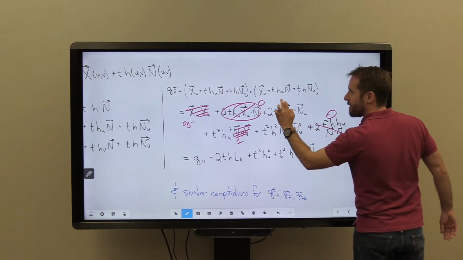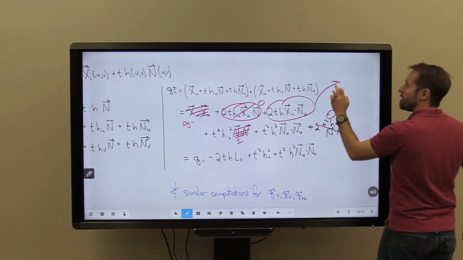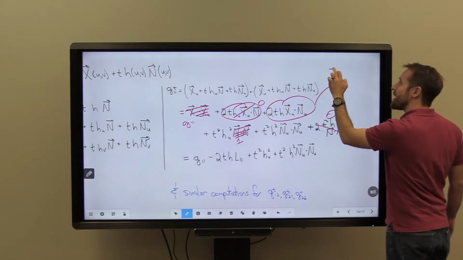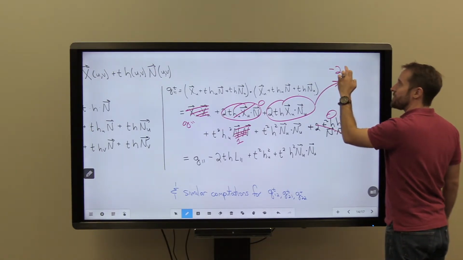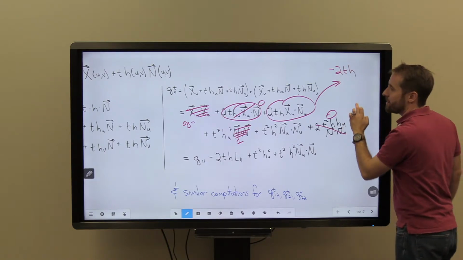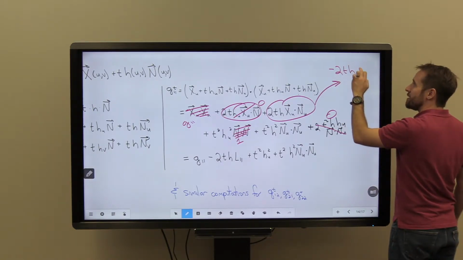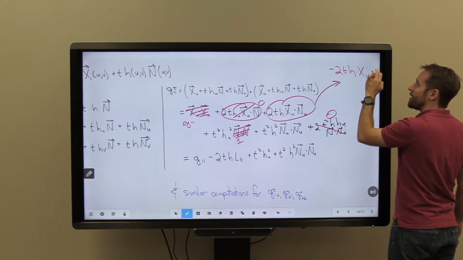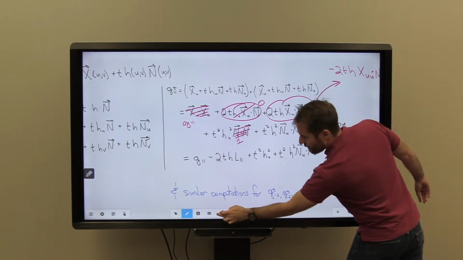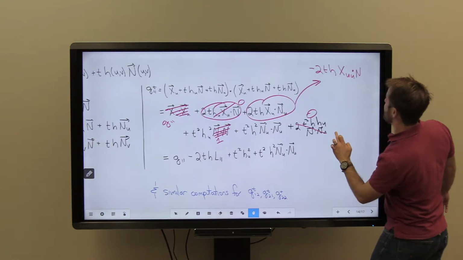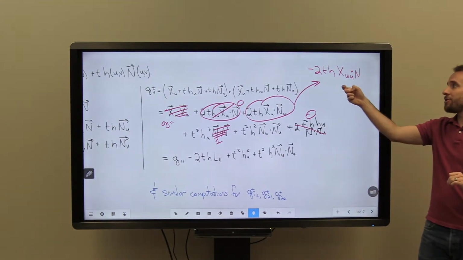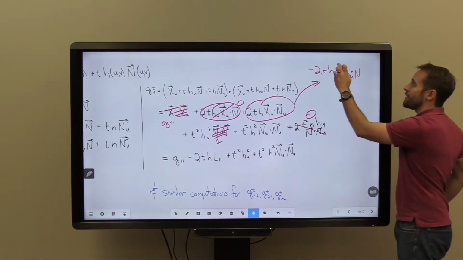I want to take this term and rewrite it. This term turns out to be equal to -2 times t times h times x u u dotted with n. So that becomes -2 t h x u u dotted with n.